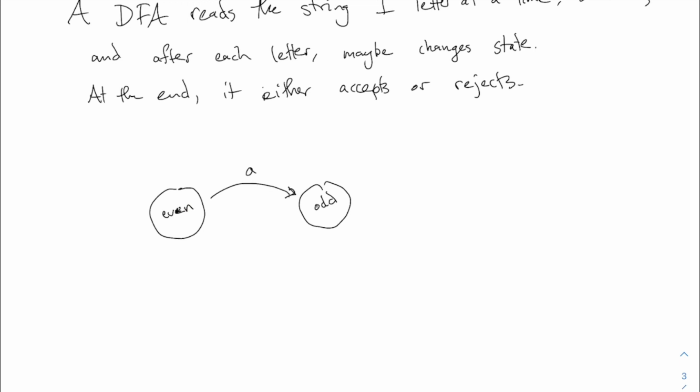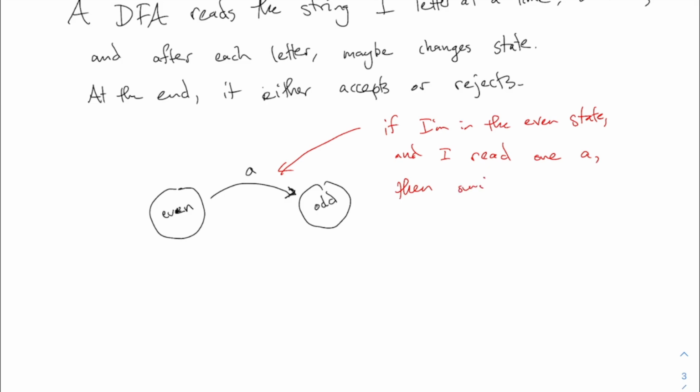This is an arrow that's labeled with the letter A. The meaning of this arrow right here is, if I'm in the even state and I read an A, then switch to the odd state.